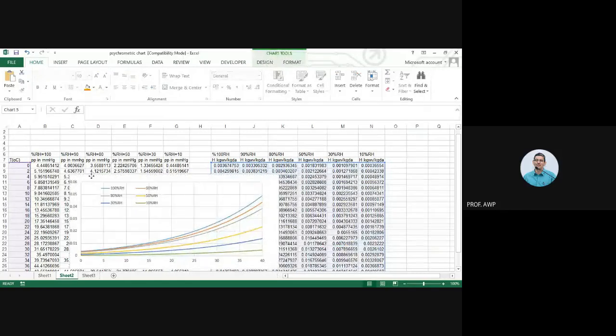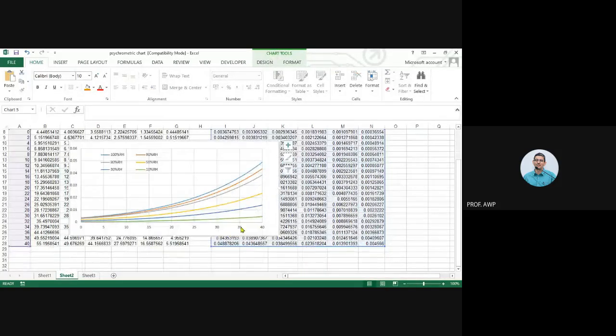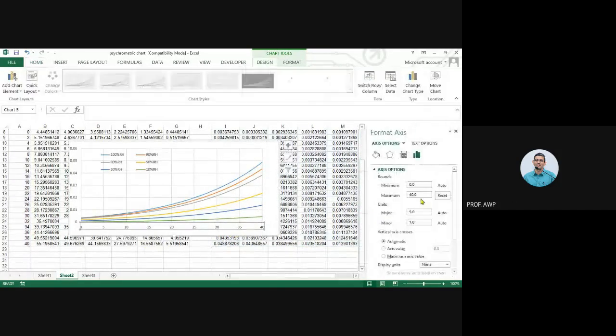So this is the chart. I can change the x-axis, just make it look better. In the y-axis, just make that also look better.